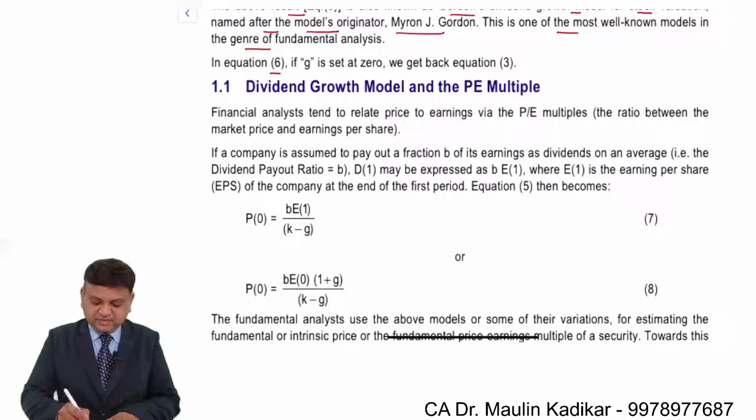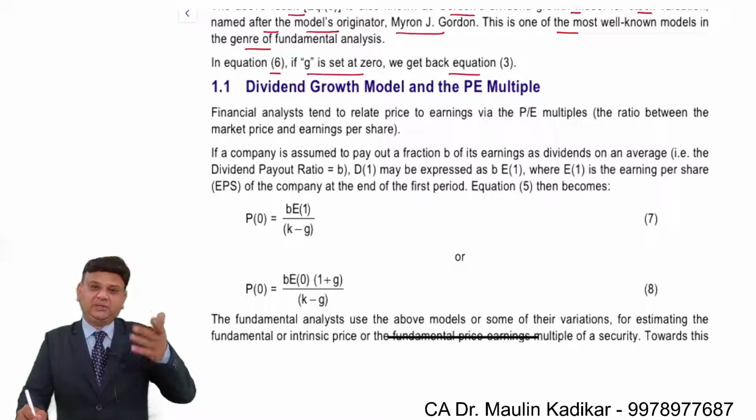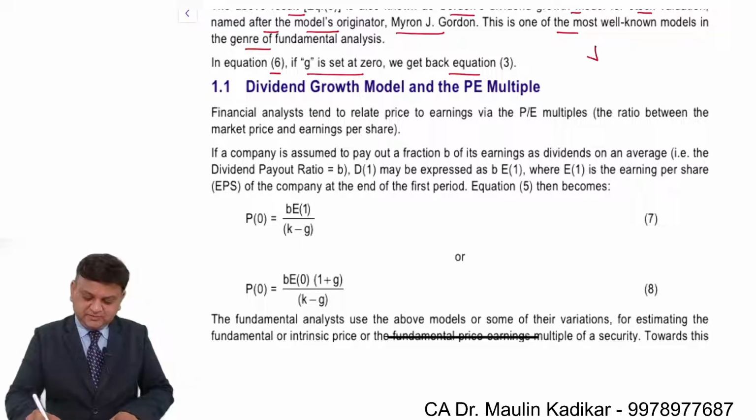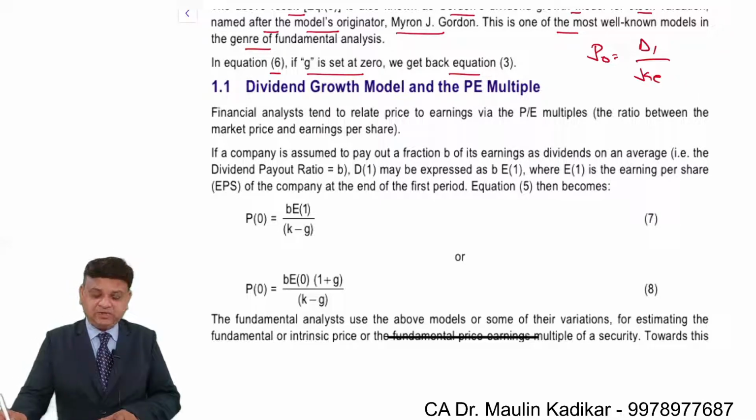In equation number 6, if the growth rate is set to 0, we go back to equation number 3. That is, if the growth rate is 0, then P0 will be equal to D1 upon K.